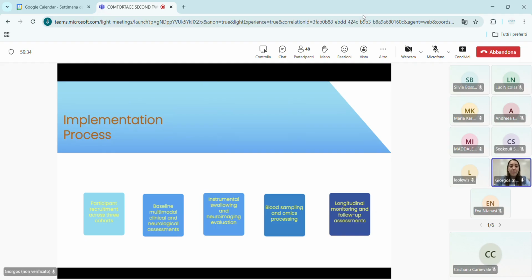We have the baseline multimodal clinical and neurological assessments, the instrumental swallowing and neuroimaging evaluation. We have the blood sampling and omics processing, and for some of the tests, we are going to repeat some of the measurements, so that's longitudinal.